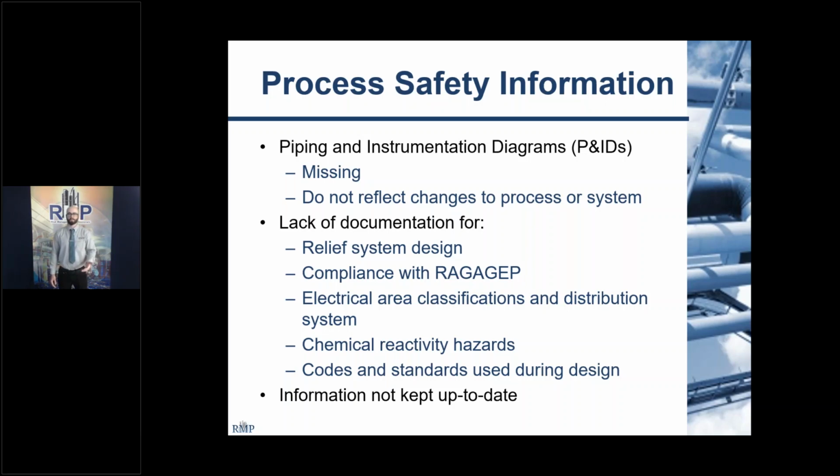Typically we have to prepare for your PHA, and we're going through pre-causing each node, what can go wrong, and if the P&IDs aren't correct, then it's going to affect the session, and we're going to have to redo either the whole session, depending on how dramatic the changes are, or it's going to set back the certification process. So it's really important to make sure that your P&IDs are up to date, even if it's just right before your PHA that you go ahead and update your P&IDs.